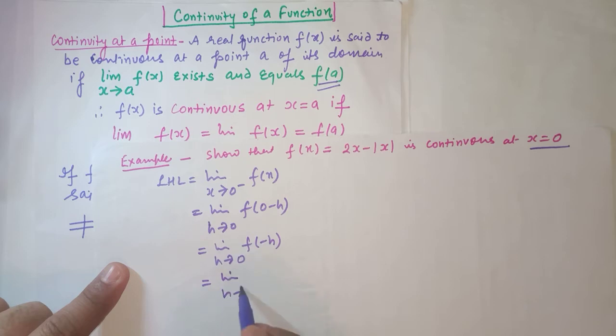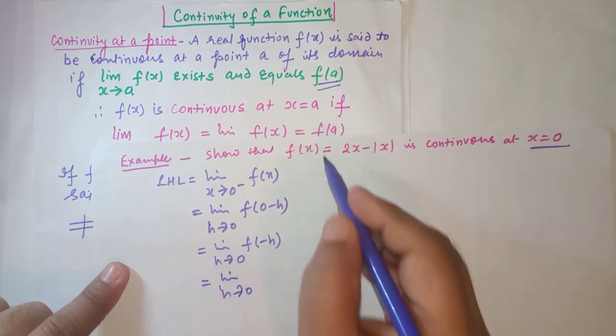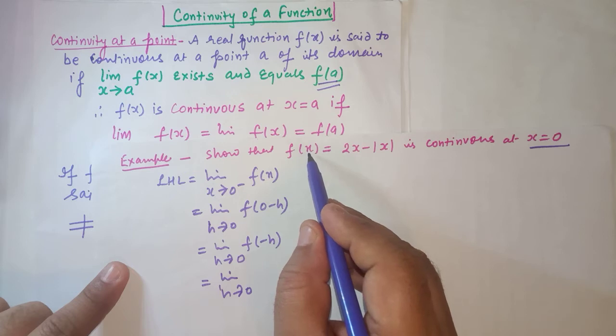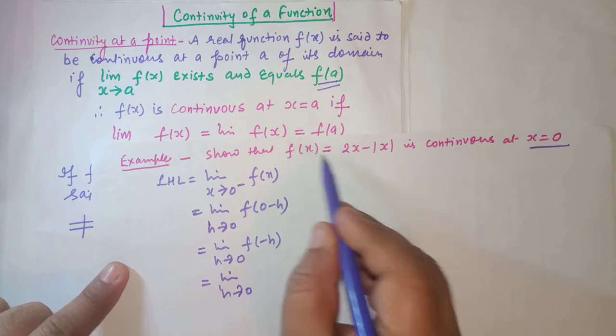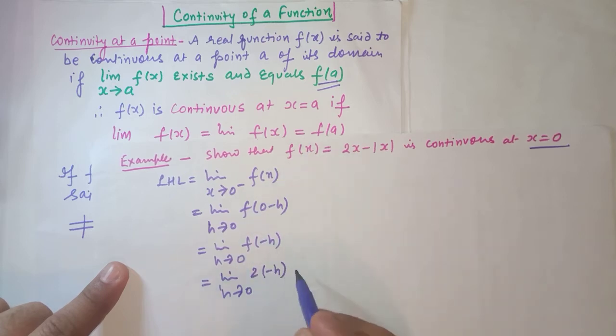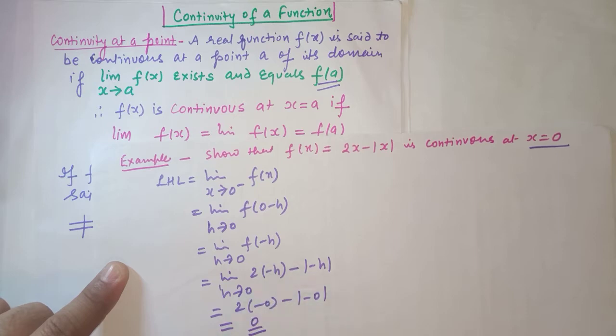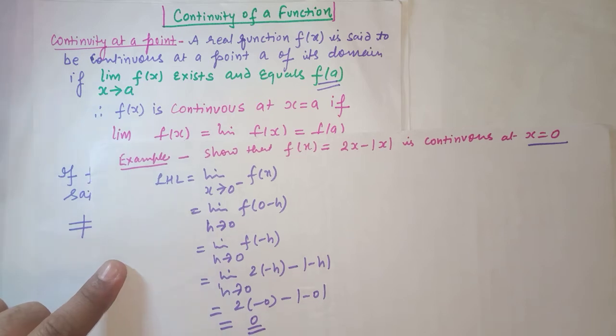We'll substitute minus h for x. So we have 2 times minus h minus mod of minus h. So h equal to 0 gives us 0 minus 0. So this is equal to 0. So the left hand limit is 0.